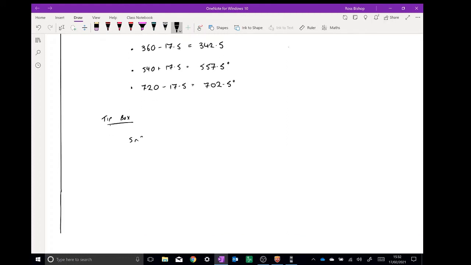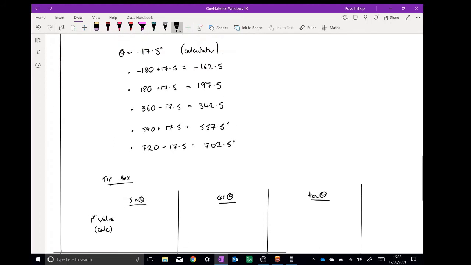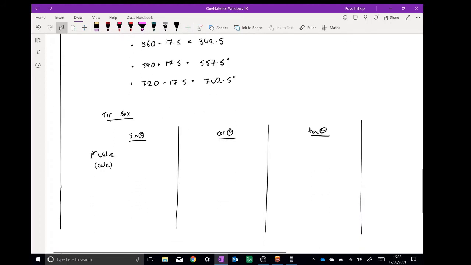So if we look at sine theta, it's different depending on which one you're doing: sine, cosine, and tangent. You get the first value from the calculator, and in this case, it was minus 17.5. You get the second value by doing 180 minus the first value.